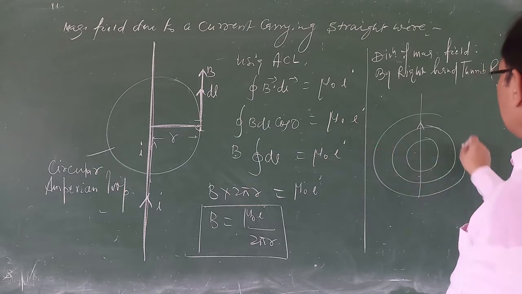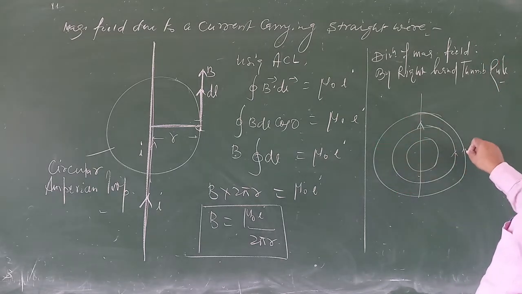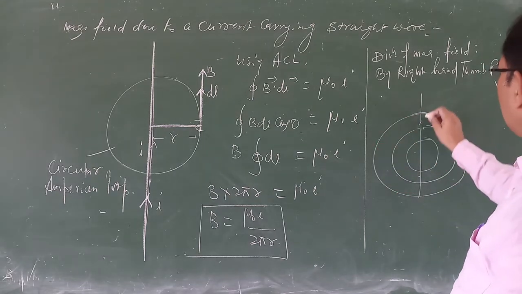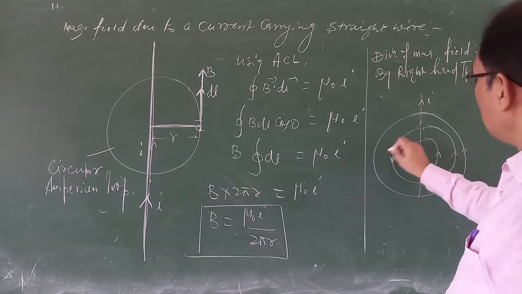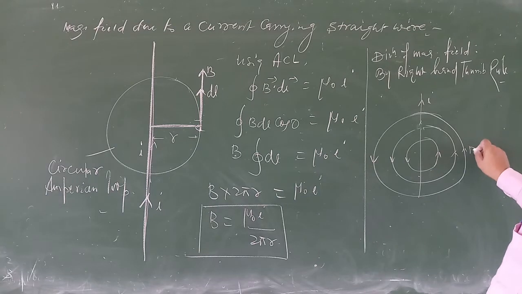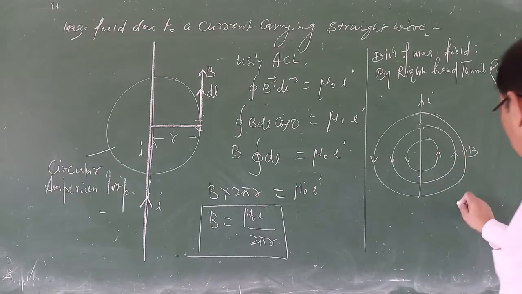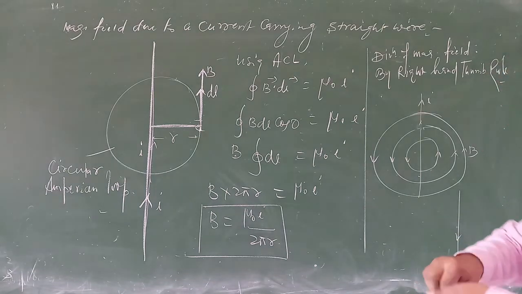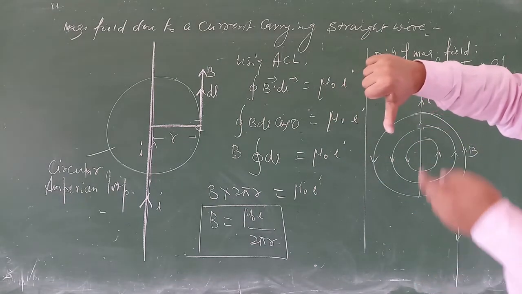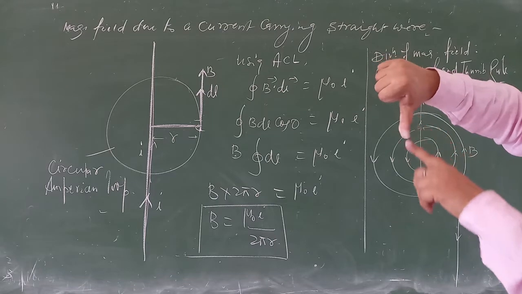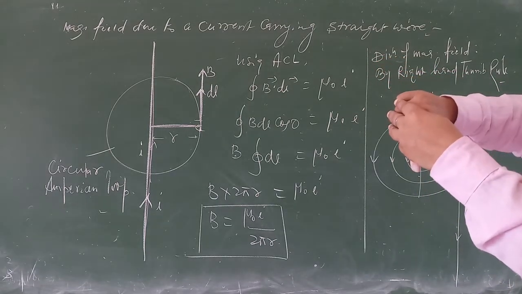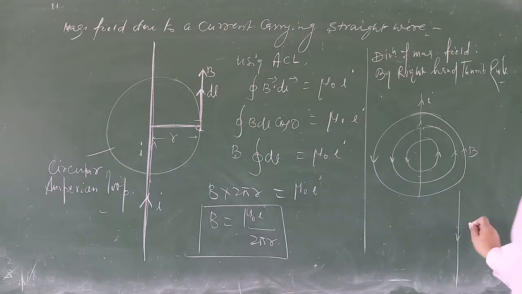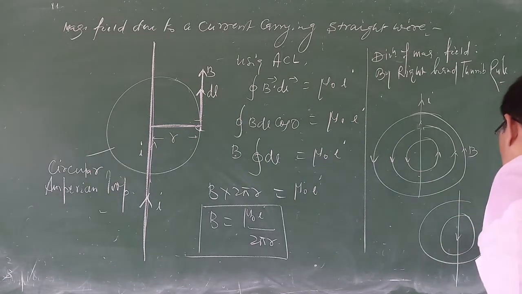This is the current I, and this is the direction of magnetic field. If the current flows in the downward direction along the thumb, then the magnetic field will be in the curled fingers in clockwise direction.